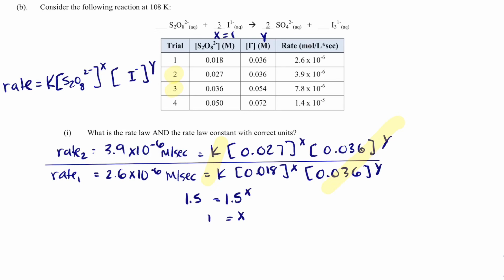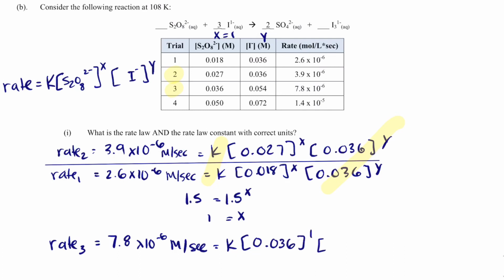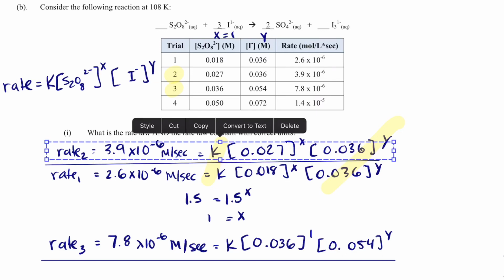And between 3 and 2, rate 3 is the largest, so I'll have that be my numerator. And that equals k, 0.036 to the x power, but x is 1. We just solved for that. 0.054 to the y power. We are solving for that. And then I will divide it by rate 2.